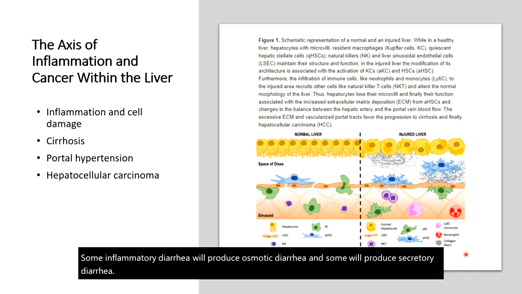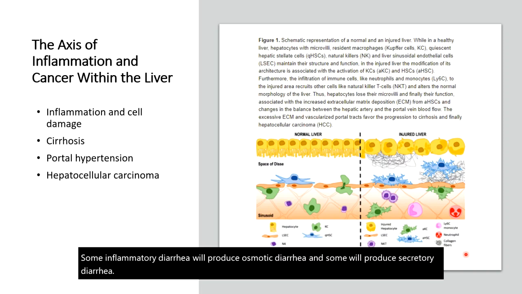So stellate cells, called hepatic stellate cells, also natural killers, all of them in the space of Disse, will start the inflammation, and after that, they will be responsible at the end for forming fibrosis and then cirrhosis of the liver.